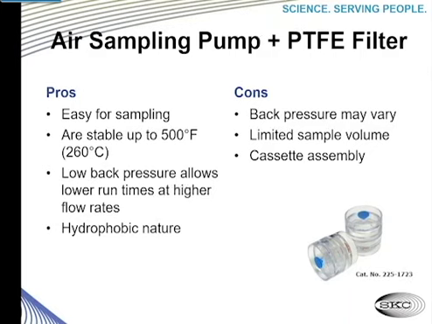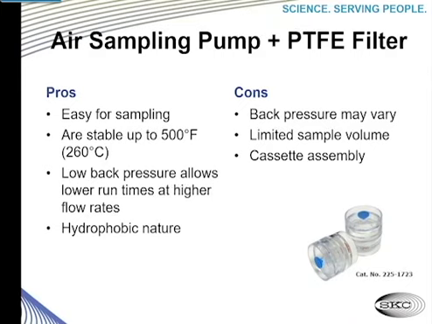The cons include what I just mentioned regarding the back pressure. Make sure you have a good pump and set the flow rate so that you will not have a fault in the pump. Because of this potential back pressure, it can cause a limited sample volume.